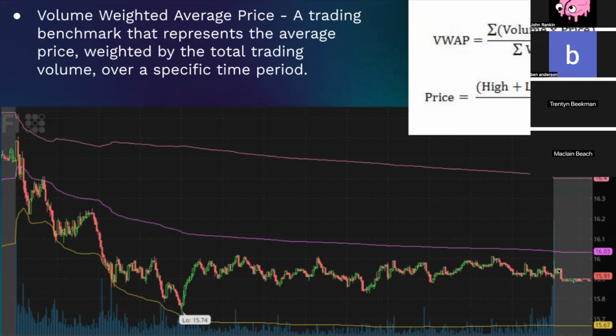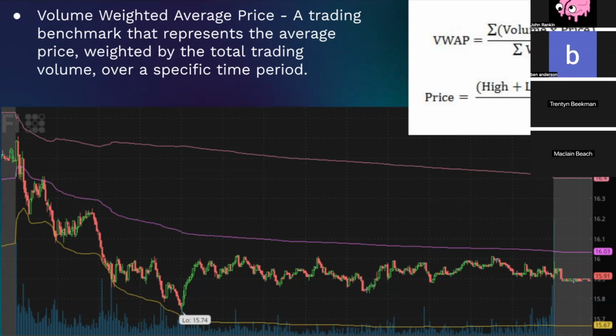The EMA is used for more long-term trading. What I have here is called VWAP, or volume weighted average price. This is more of a day trading strategy. VWAP is a price prediction weighted on the volume during that time period.